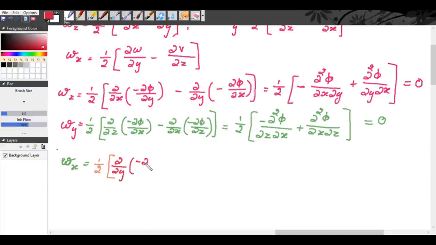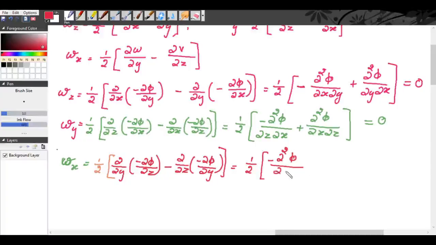W is minus dou pi by dou z, minus dou by dou z of v, which is minus dou pi by dou y. So that is equal to half of minus dou square pi by dou y dou z plus dou square pi by dou z dou y. So this is also equal to 0.